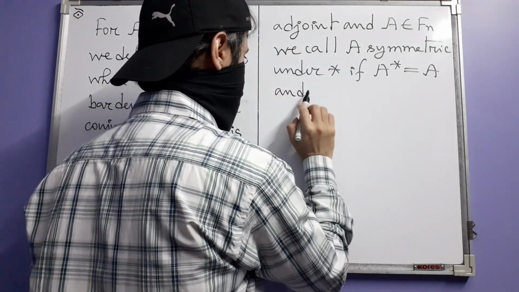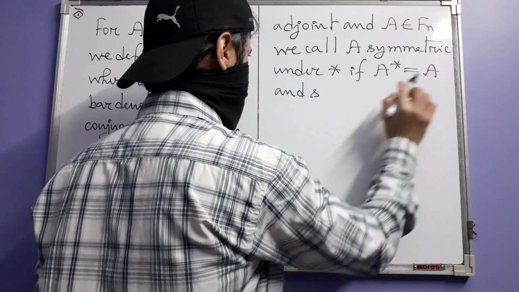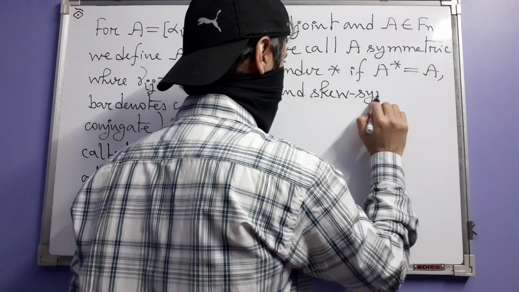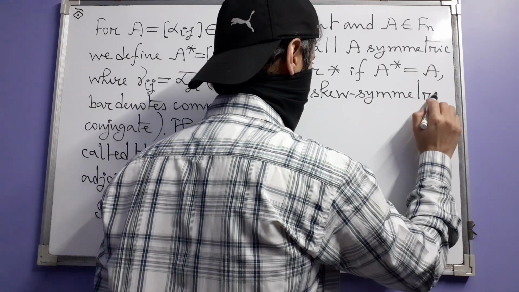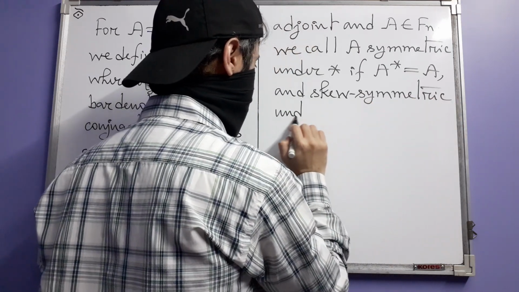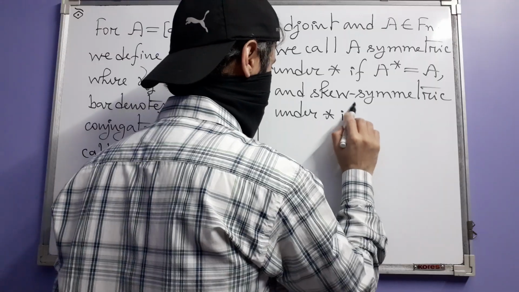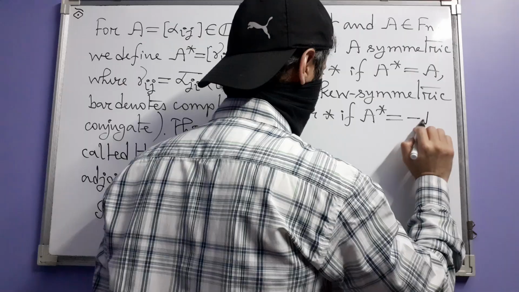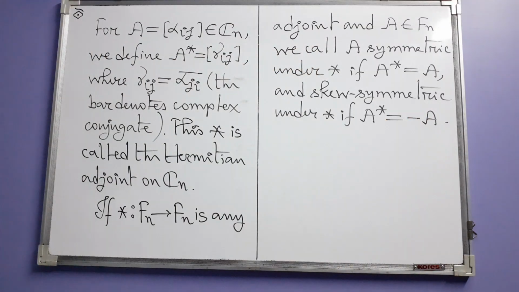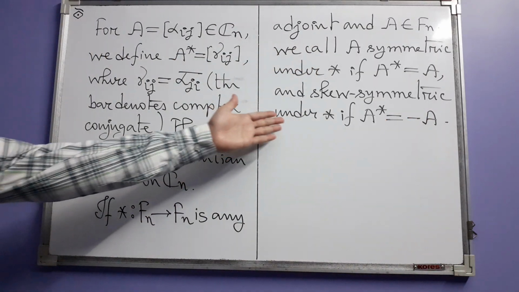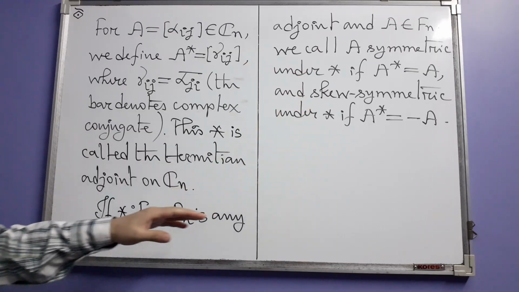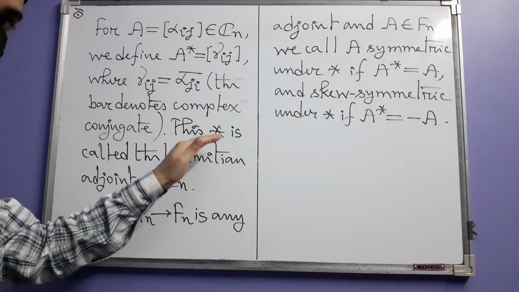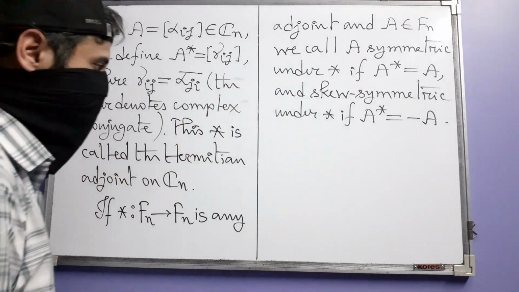And skew symmetric under star if A star is minus A. And so we have defined it generally, that means this also works here in case of Hermitian adjoint.